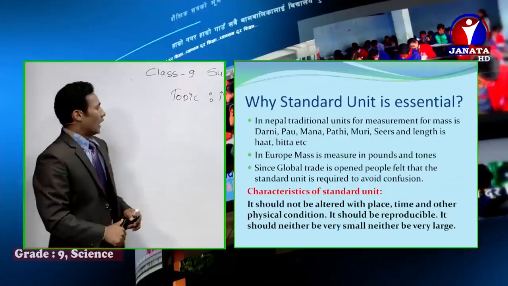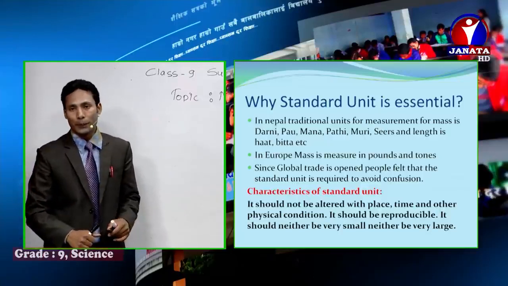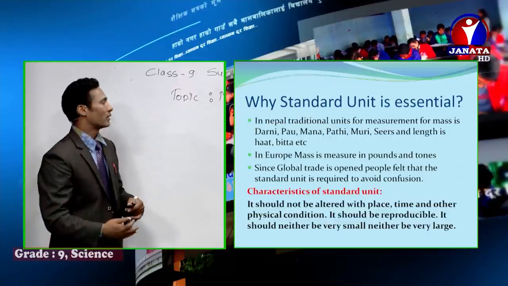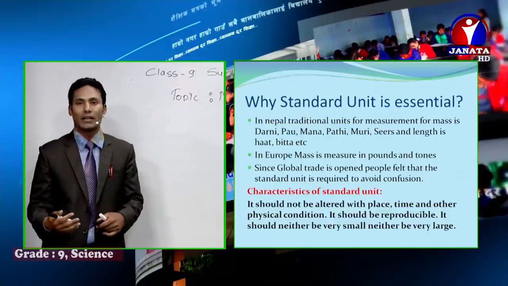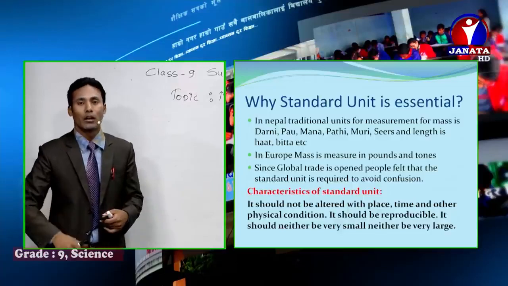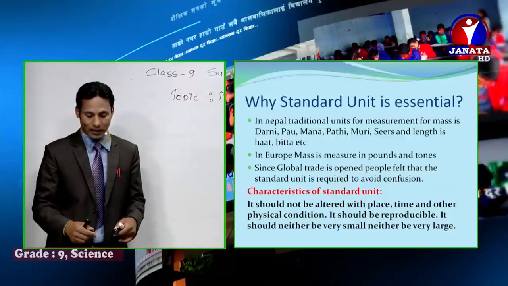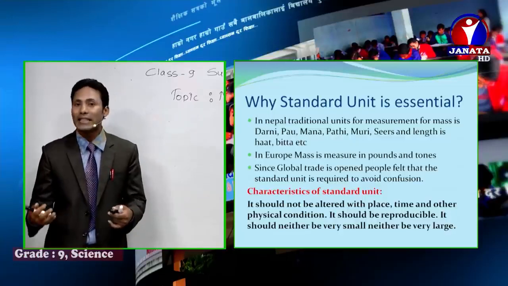Okay, in different countries, if we talk about Nepal also, whenever we visit the village, if you want to express mass, the people over there will express it in terms of mana, muri, seer, isn't it?